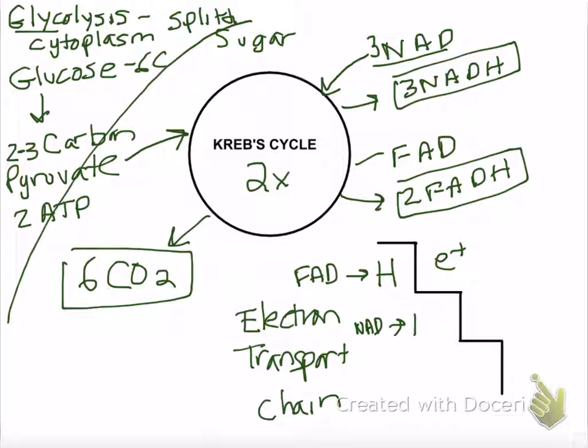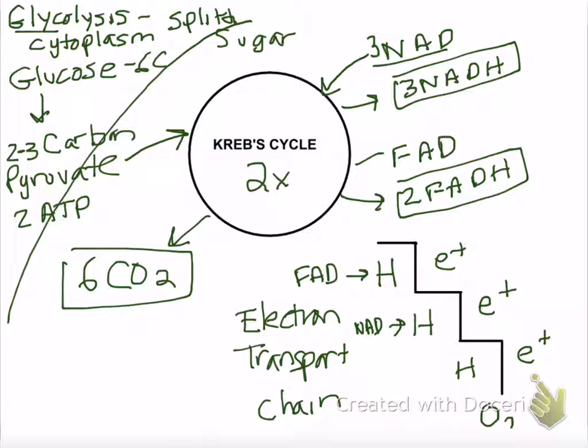And we're going to have the hydrogens on one side of the membrane and the electrons on the other. This is going to generate a tremendous amount of energy. At the end of this electron transport chain is going to be an oxygen molecule. The oxygen is waiting for an electron, and it's called the final electron acceptor.